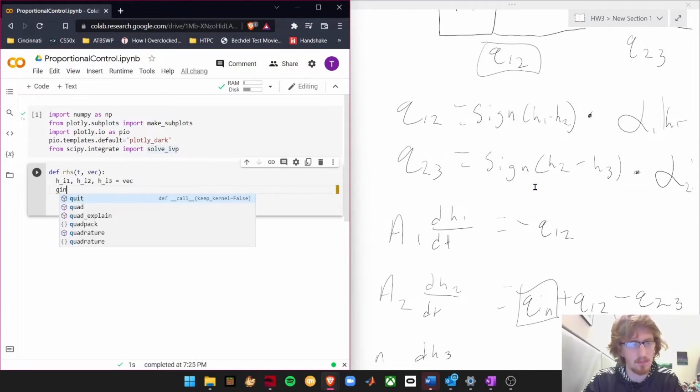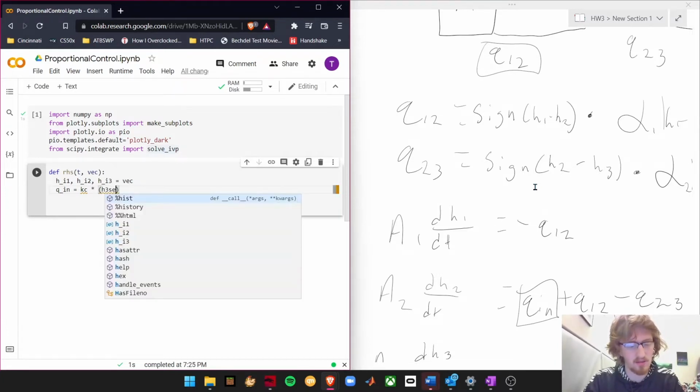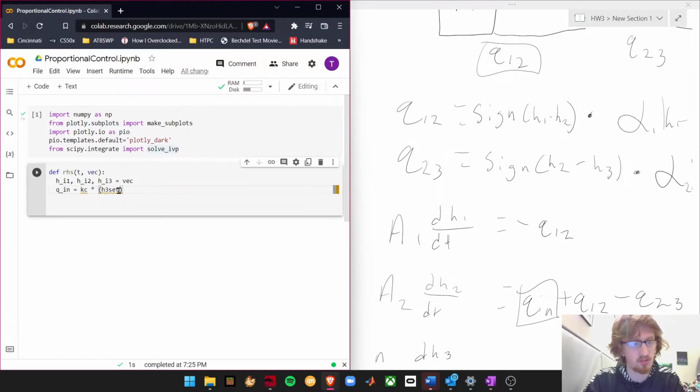So our Qn is going to be equal to our proportionality constant, which we haven't defined yet, we will in a second, times the difference in our h3 set point, which we also haven't defined yet, minus our h3, the height of tank 3.